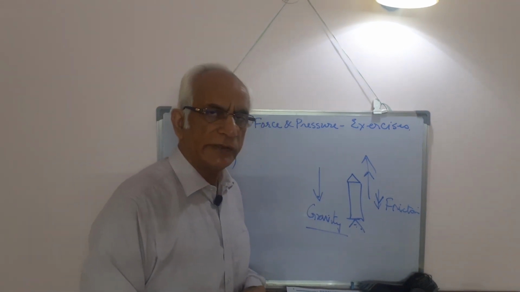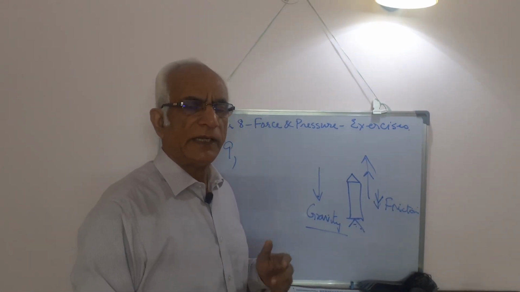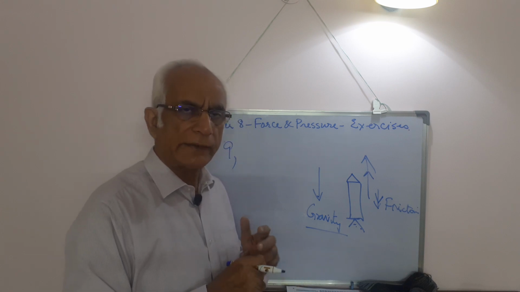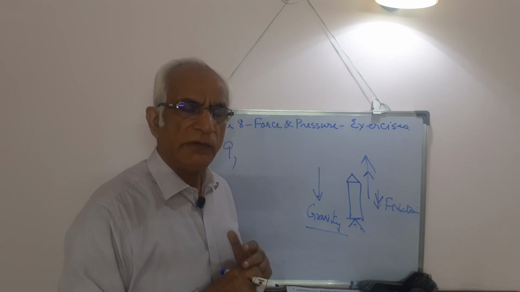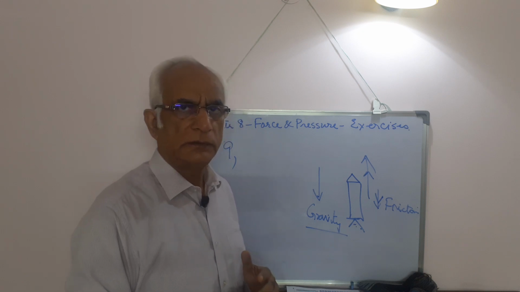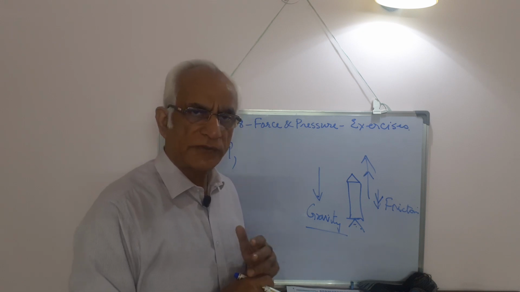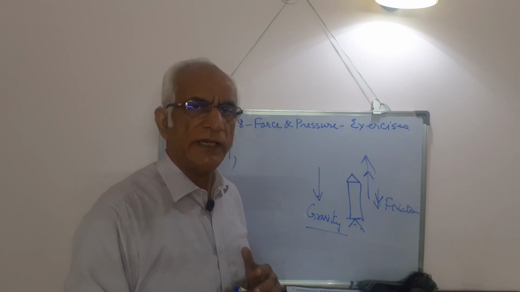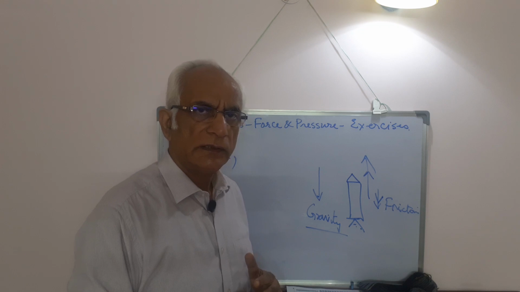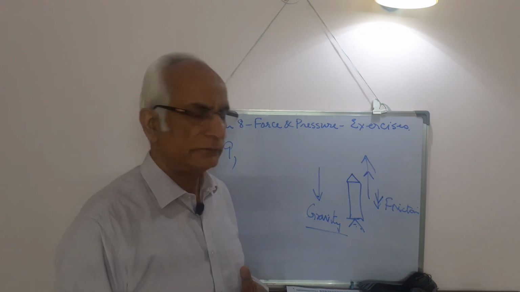So what is the answer? The force of gravity and force of friction will be acting on the rocket immediately when it starts moving. The force of gravity is because of the pull of the earth, and the force of friction is because of the contact with the air.